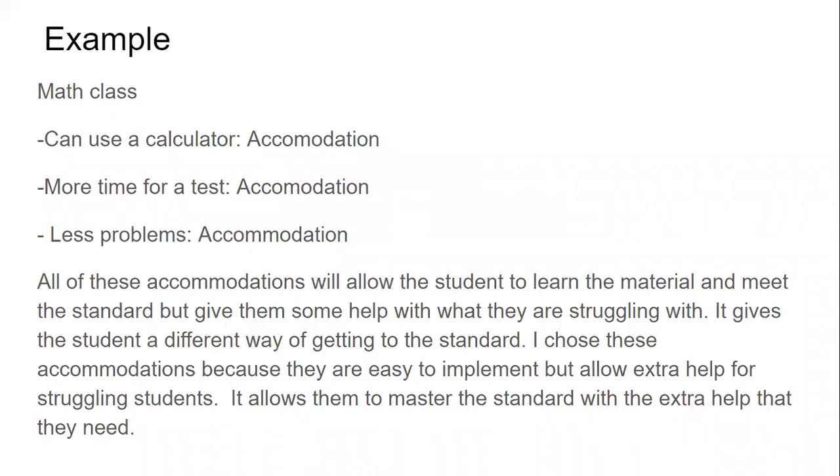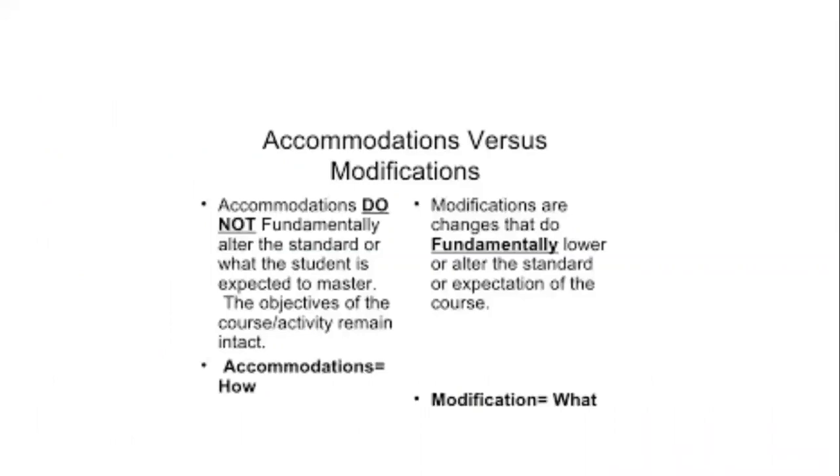So I came up with a couple examples, and so you can see my example is I have put down which class I'm going to use. So math class just gives an idea of these are the things that I'm going to do in this class to help my struggling students. And I have put 3 different ideas there, and then I've labeled them all as accommodation, because if I go back, you can see accommodation is just altering the way that the student gets to the standard.